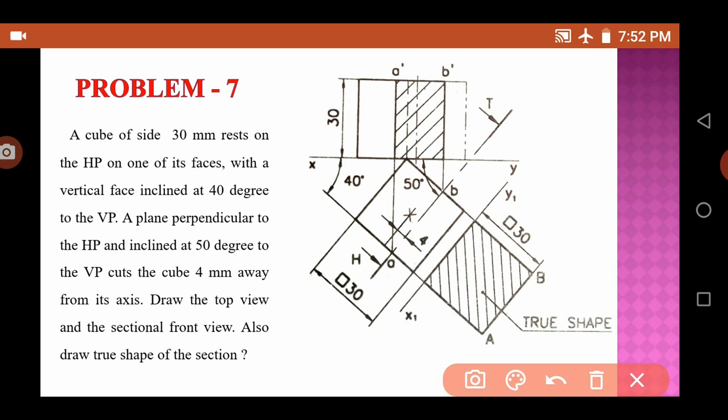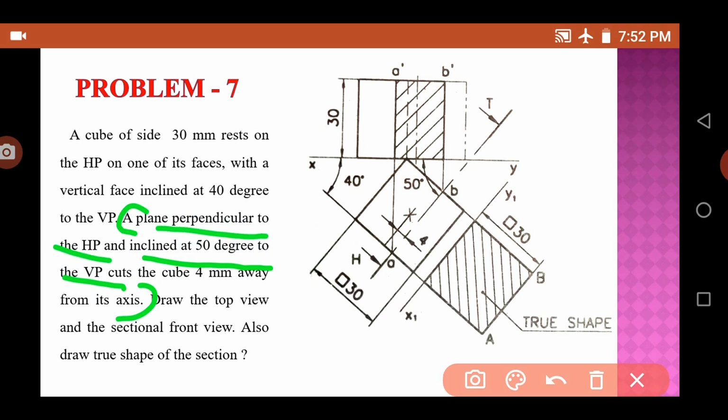Now the second point given is that a plane perpendicular to HP and inclined at 50 degree to VP cuts the cube 4 mm away from its axis. So this is the cutting plane given. The cutting plane is inclined 50 degree to VP and also perpendicular to HP. That's the main point.